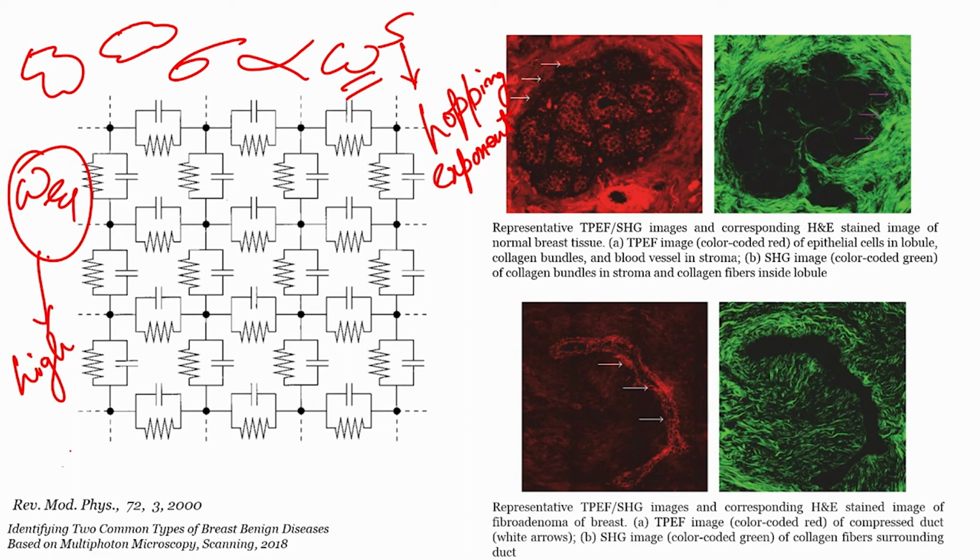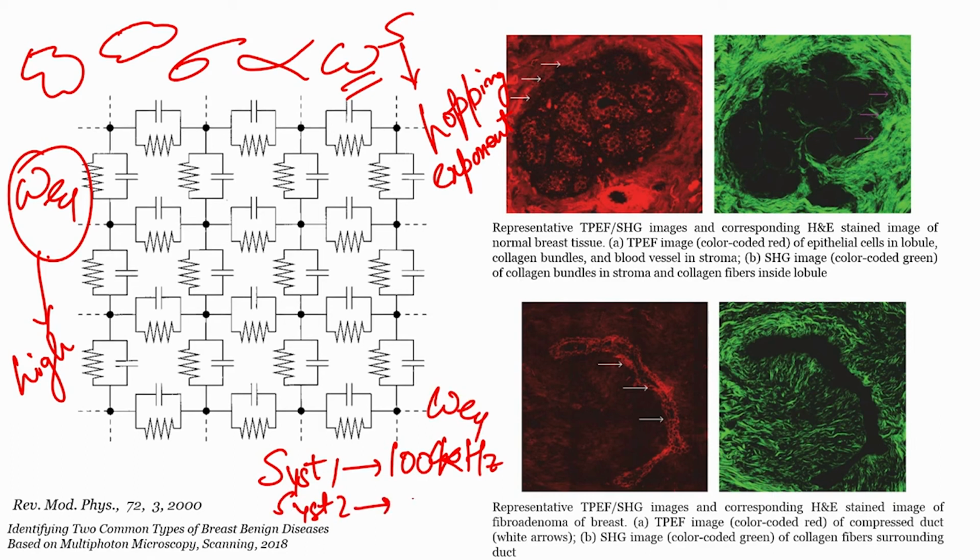Let us say for system 1, the frequency, omega psi, is 100 kilohertz, and for system 2 it is 1 megahertz.